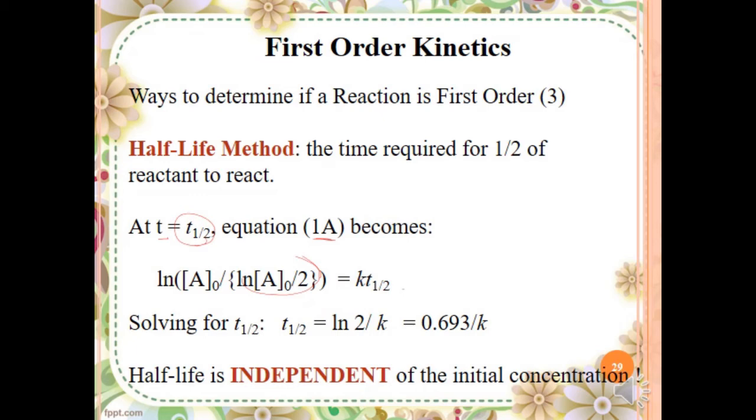We rearrange this, solving for half-life t half, we get ln 2 divided by k. Solving ln 2, we get 0.693 over k. So the half-life for first order is 0.693 over k, independent of the initial concentration. No concentration involved, just k, a constant.